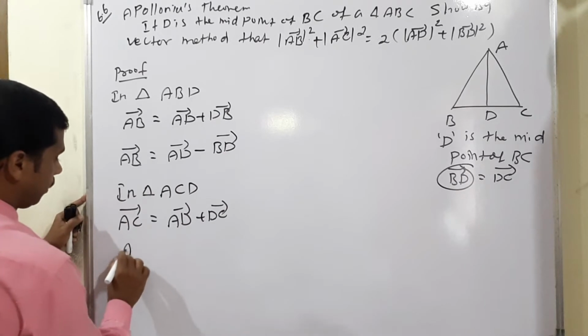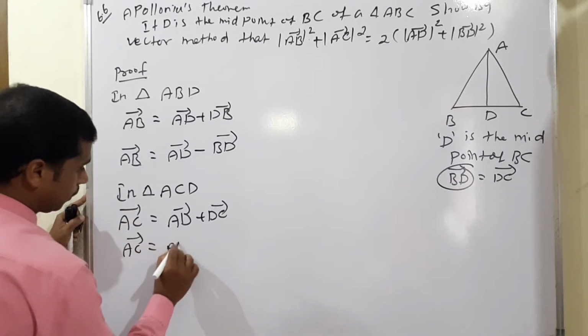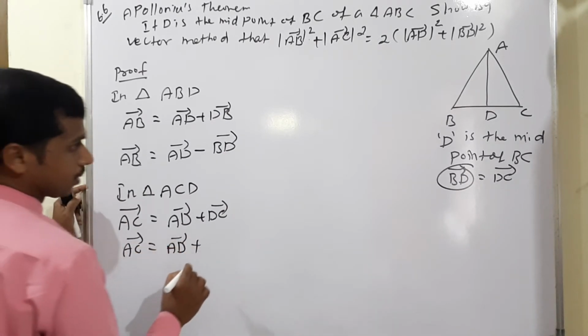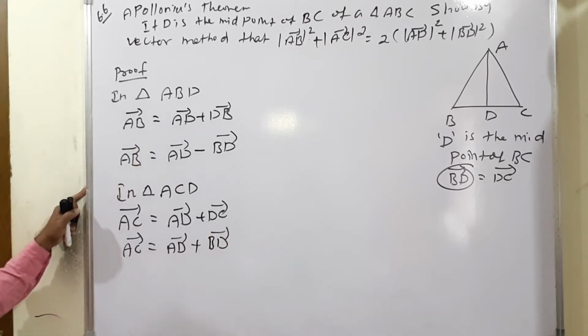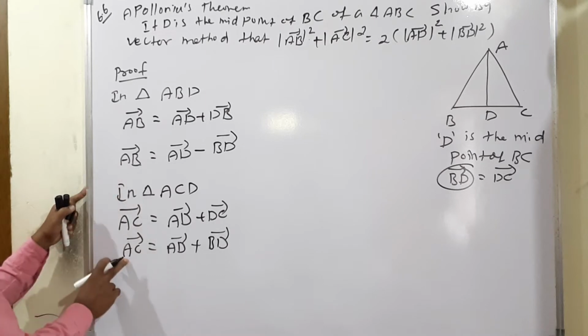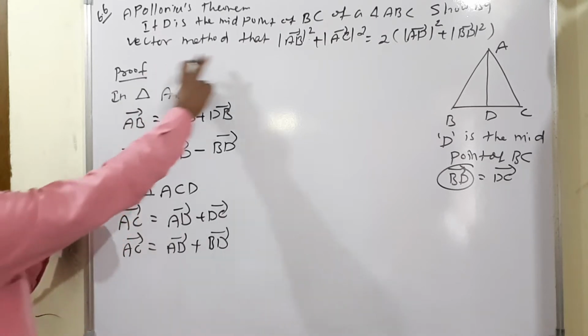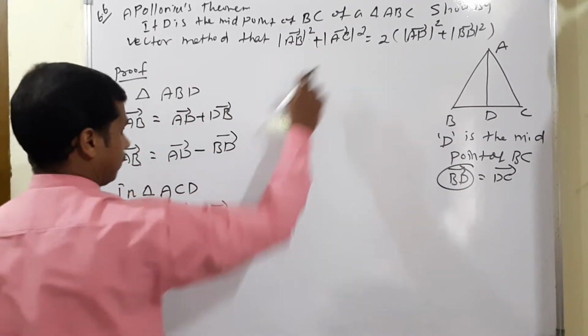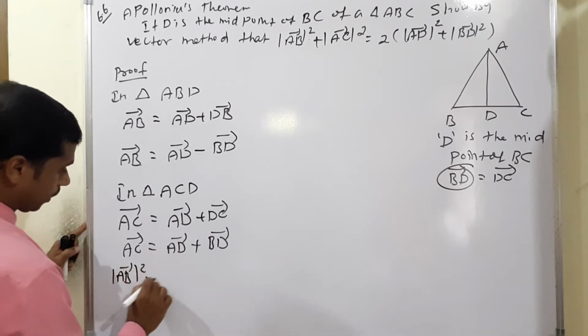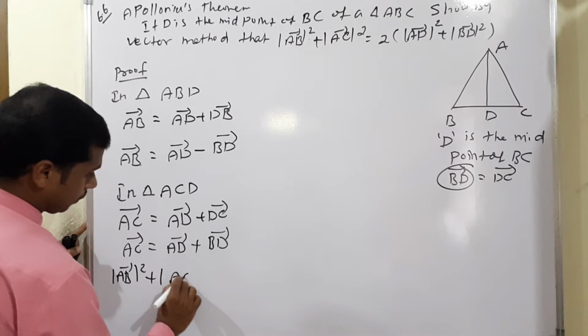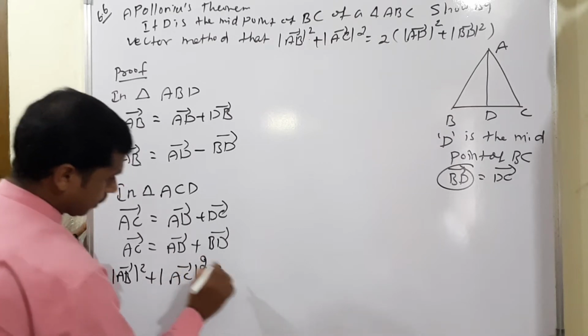Therefore, AC vector is equal to AD vector plus BD vector. Now we need modulus of AB vector square plus modulus of AC vector square.